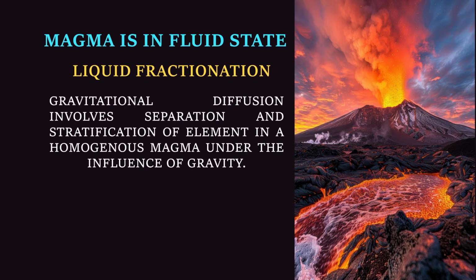Gravitational diffusion takes place, with separation and stratification of elements in a homogeneous magma under the influence of gravity. So, gravity is primarily the factor that governs the diversification of magma in the fluid state in case of liquid fractionation, whereas we discussed earlier that the difference in temperature gives rise to liquid immiscibility.